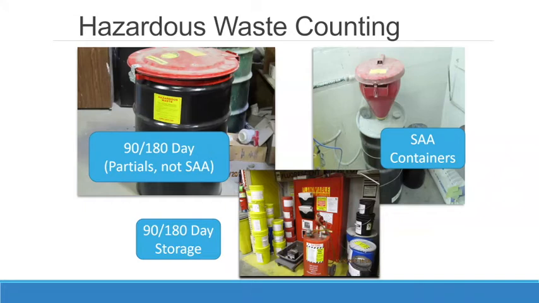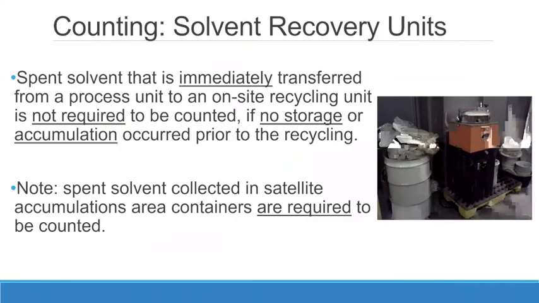And in some cases, facilities actually accumulate waste in that central accumulation area. So we might have a partial container as well as a full container. So when we do our counting for the month, we need to look at all those areas where hazardous waste is generated and accumulated. Next slide, please, Marcy.